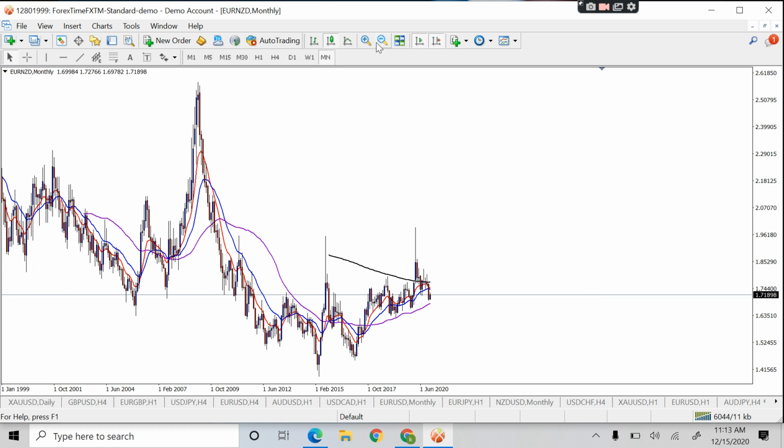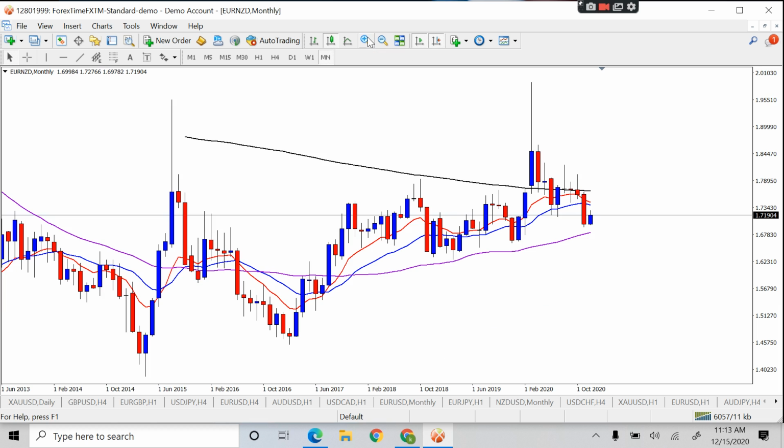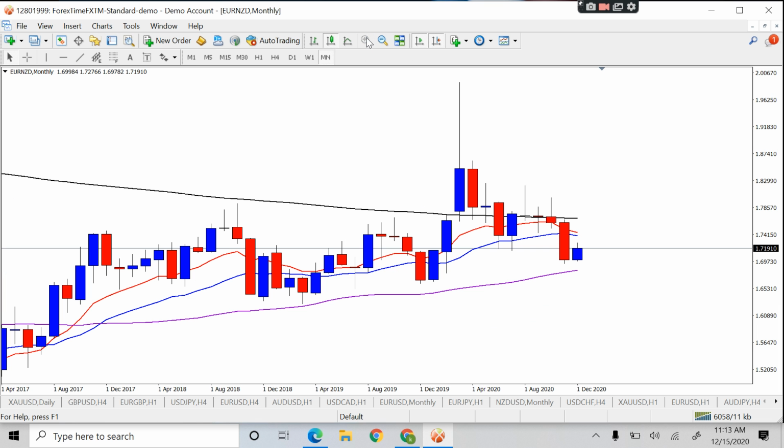Okay, the pair looks to be buying, no doubt, but I found out that the pair, due to the lockdown, has been selling, especially for the past 3 months. Maybe it has started buying now because I can see a bullish candle on the monthly.